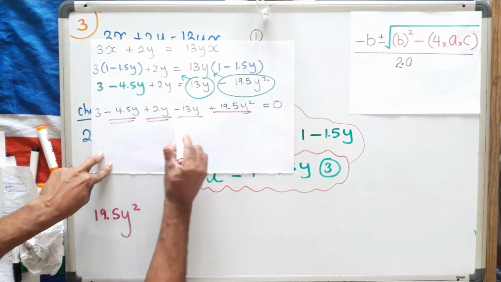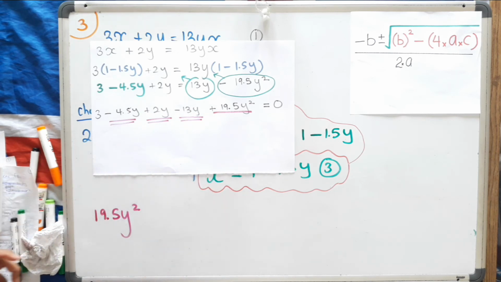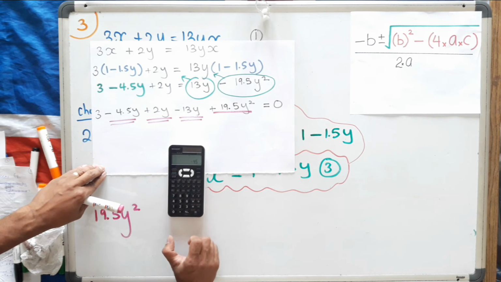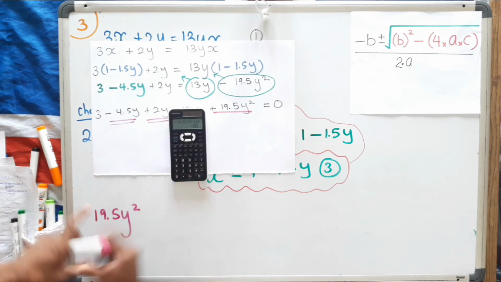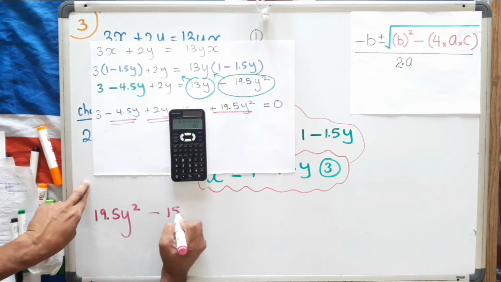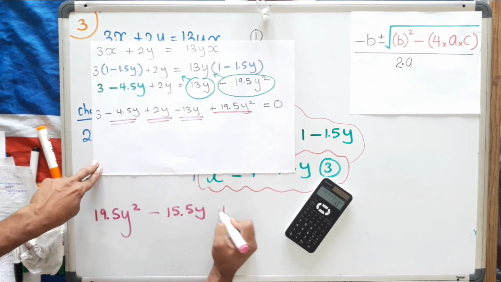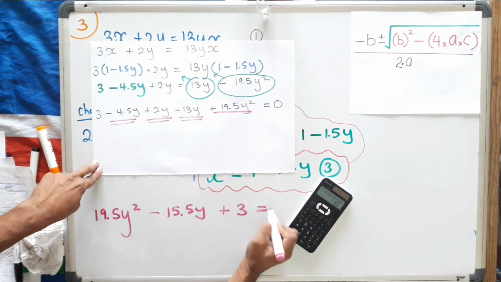I'll double underline them so you can see the clear difference from the y squareds. So we have minus 4.5 plus 2 minus 13y, and we get minus 15.5y. And then the 3, he's the only odd one without a letter.